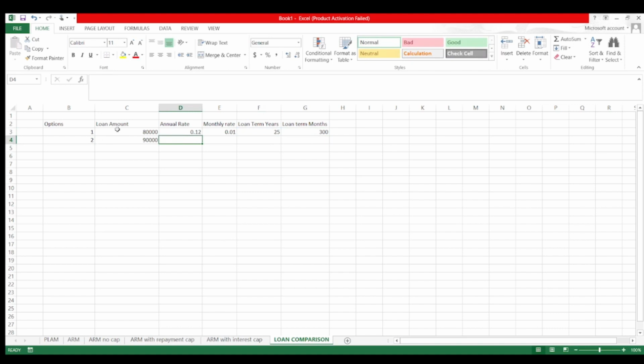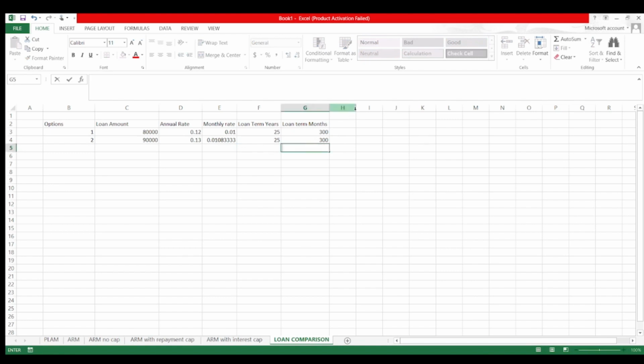Now for the second option, which is 90,000, here the rate is 13%. For the monthly rate, we simply divide this by 12. The loan term still remains as 25 years, so the loan term in months is still 300.